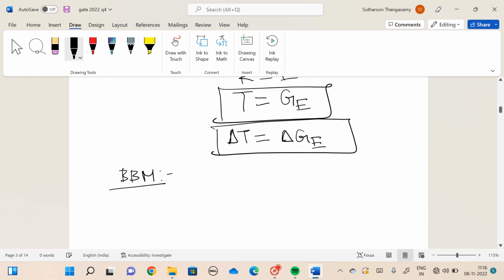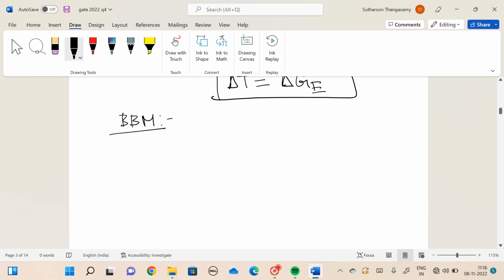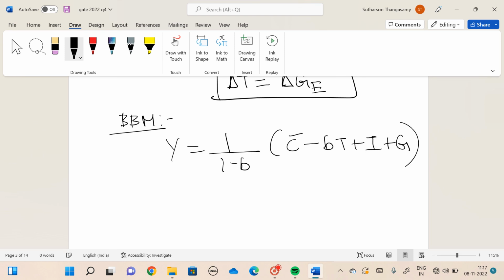I'm going to rewrite equation 1, which I named above. It will be y is equal to 1 by 1 minus b of c bar minus bt plus I plus g. So what is in the question? They said both government expenditure and tax are changing.